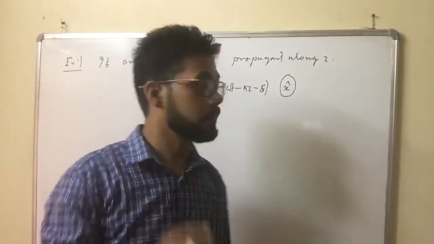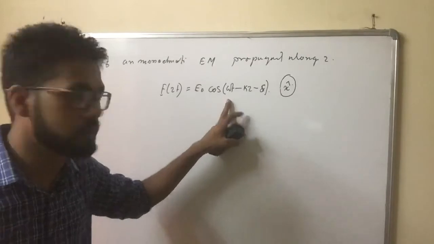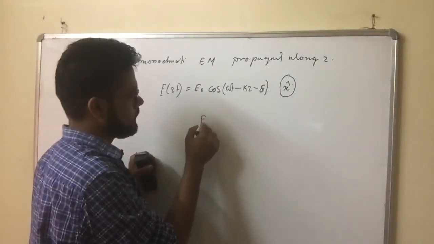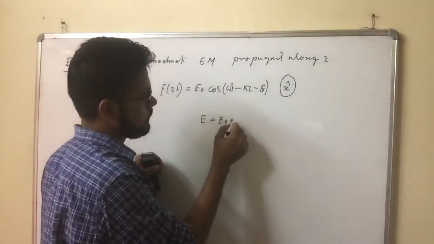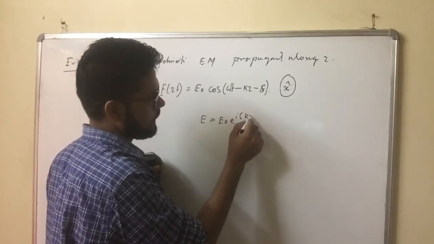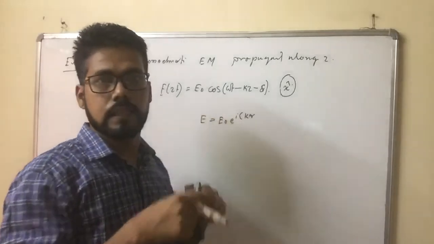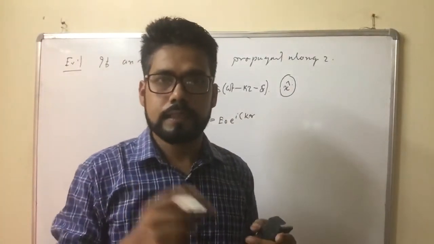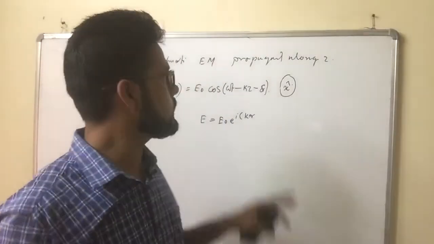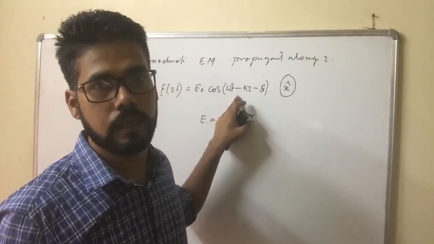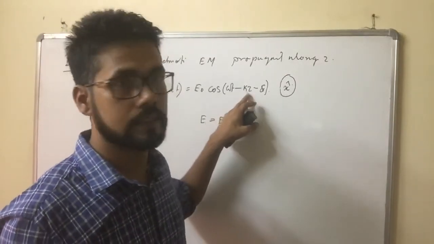You have to be very careful. Now what is the standard equation? The standard equation is E equal to E naught into e to the power i (k dot r minus omega t), the dot product of the k vector. K means it is a three-dimensional vector, kx, ky, kz. R is also three-dimensional, but we are considering a one-dimensional wave equation, so that is why we are writing z only.